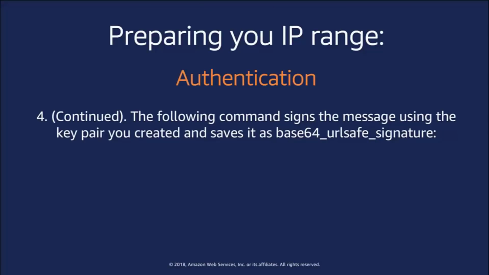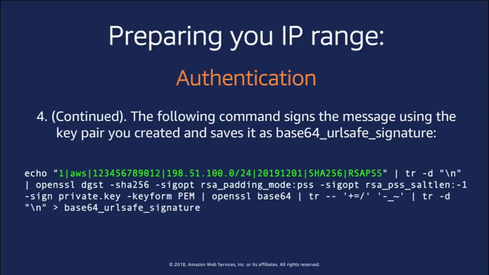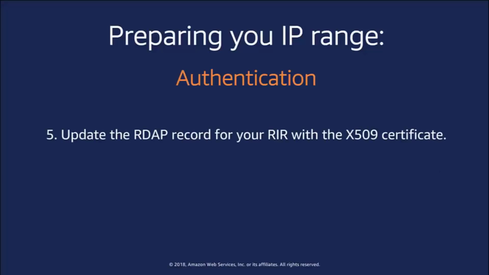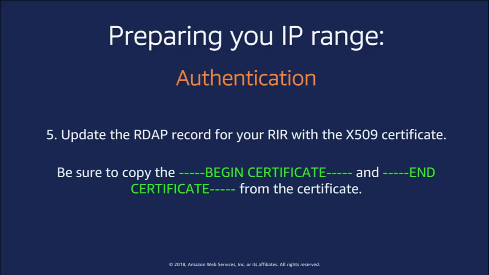Once you have the message created, we ask you to sign that message using the key pair you created. This is how you sign the message. And the fifth step in this process is to update the RDAP record of your RIR with the X509 certificate.